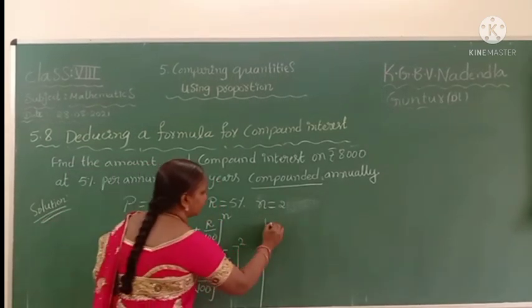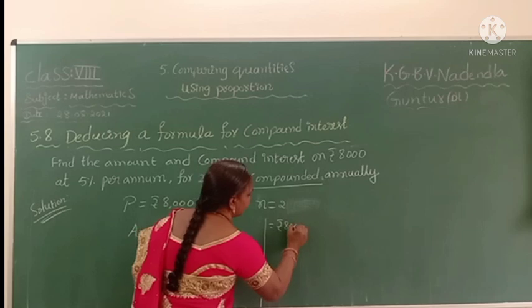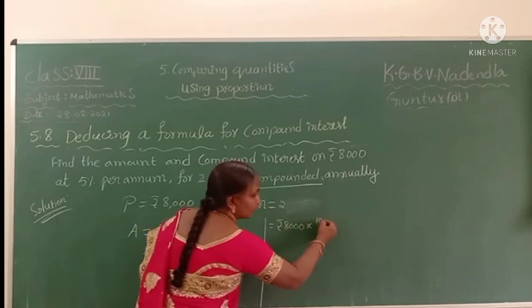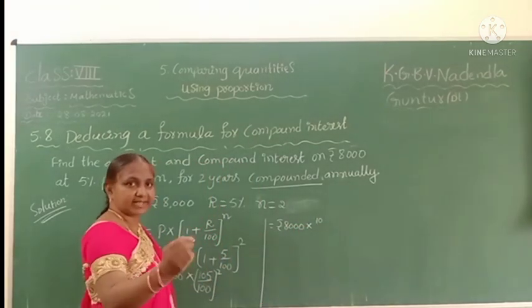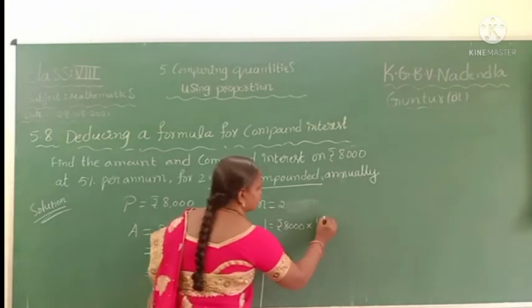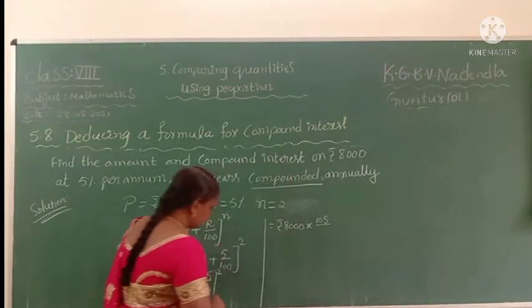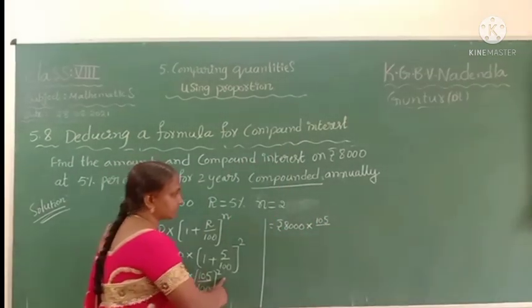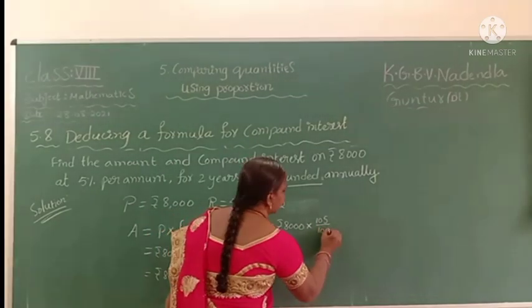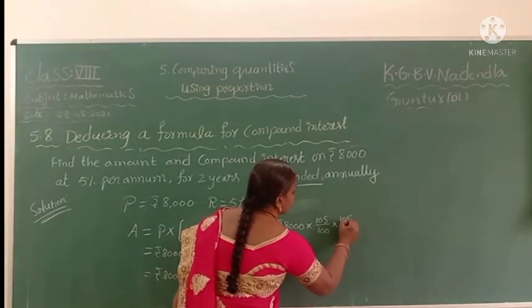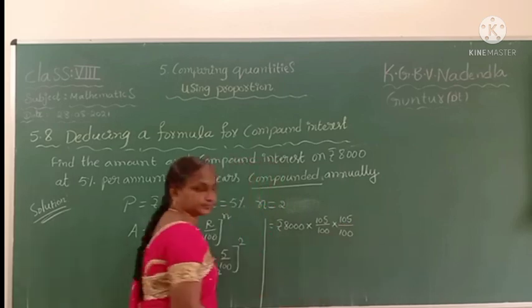That equal to 8,000 rupees into, we know x square is equal to x into x. In this way, we can write 105 by 100 whole square is equal 105 by 100 into 105 by 100.